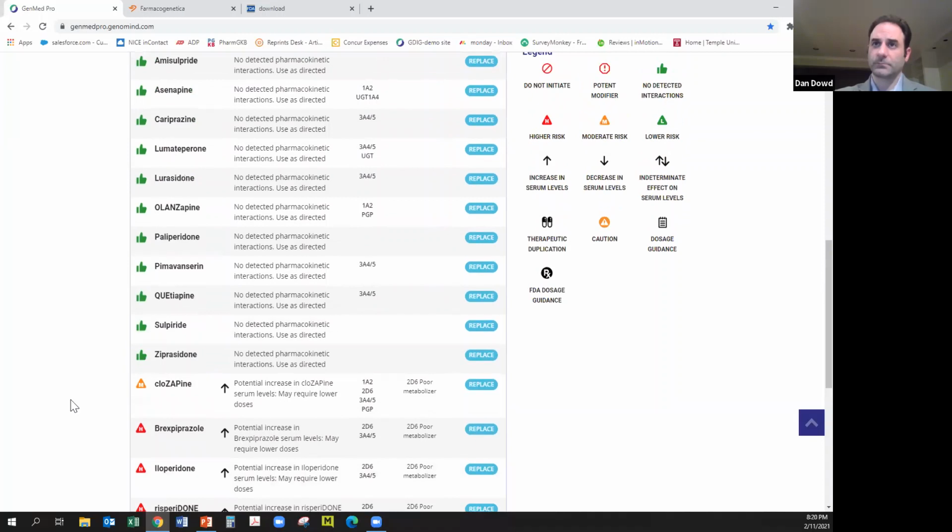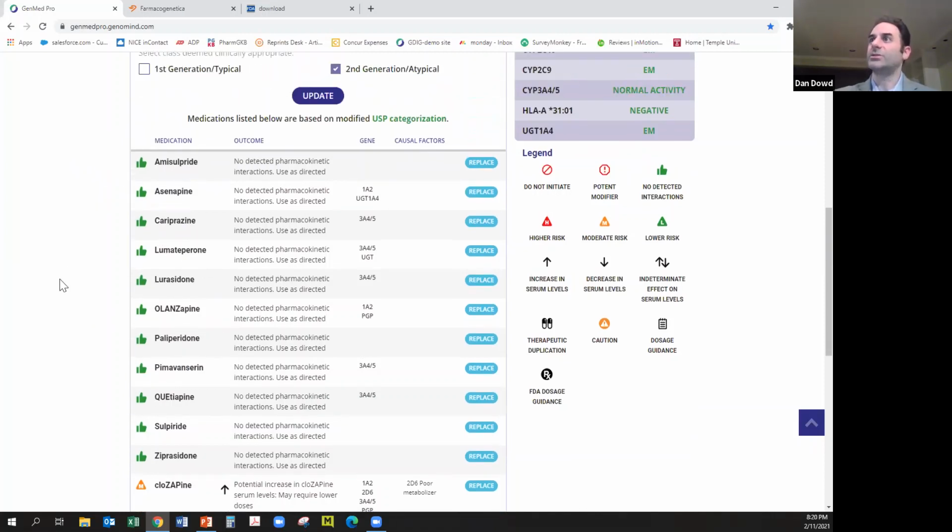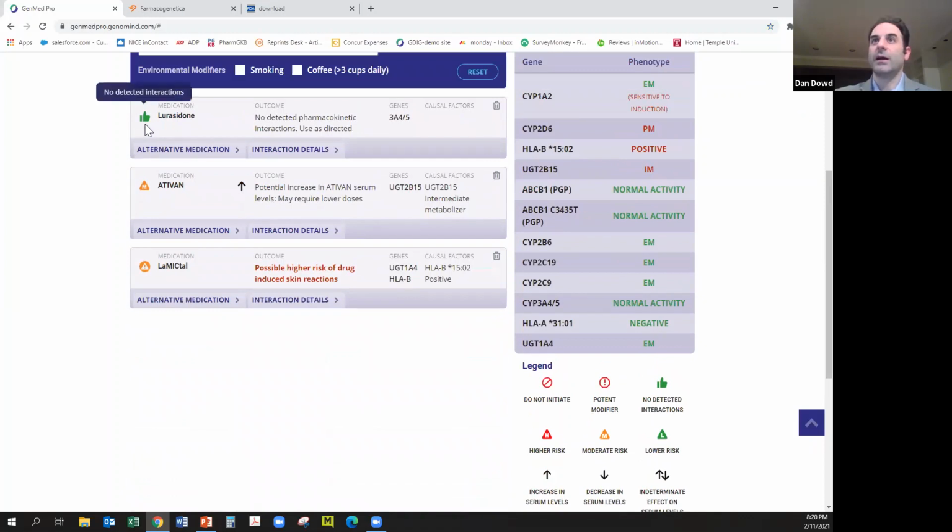I might want to consider perhaps quetiapine, perhaps cariprazine, lumateperone if clinically indicated, because from a genetic standpoint, these all have a lower interaction risk. So I think I'll go with lorazepam here. I'll replace it. And now I have cleaned up what was previously a significant gene-drug interaction.